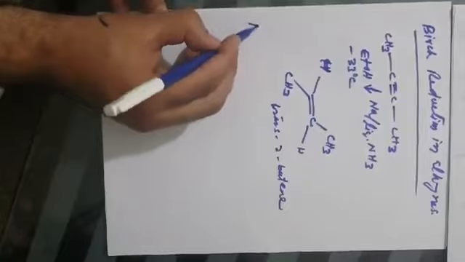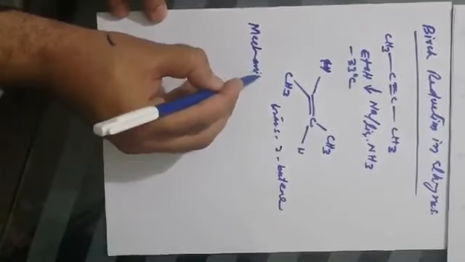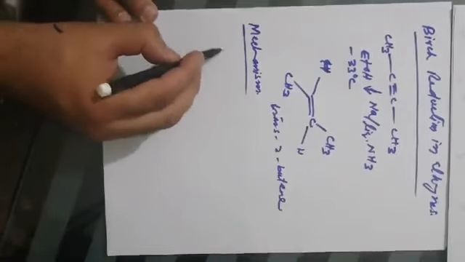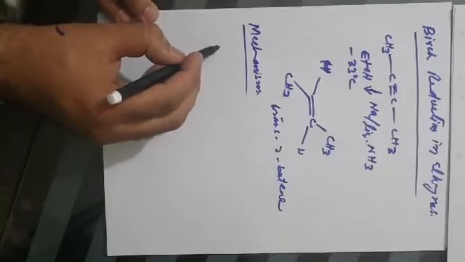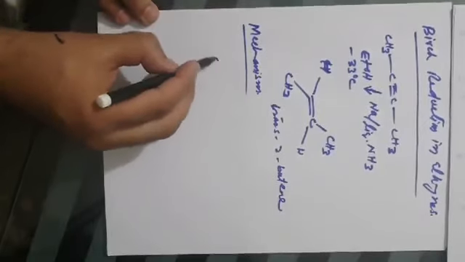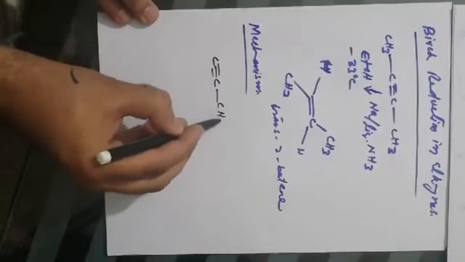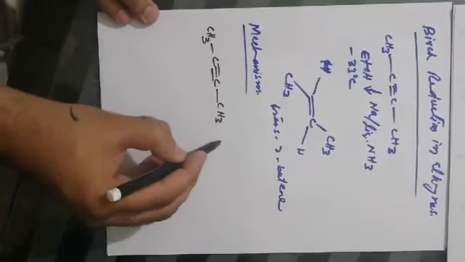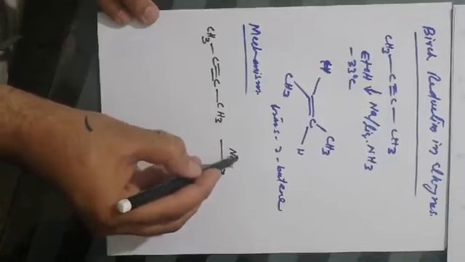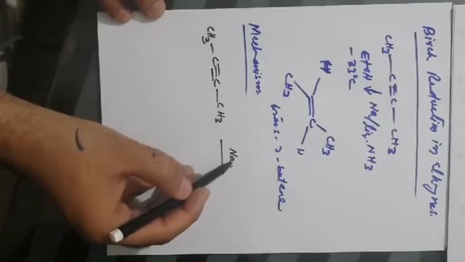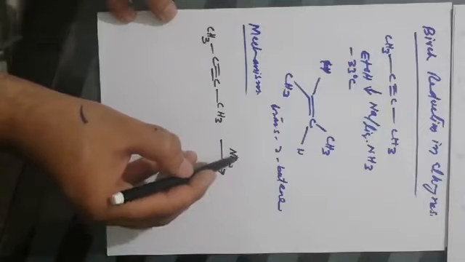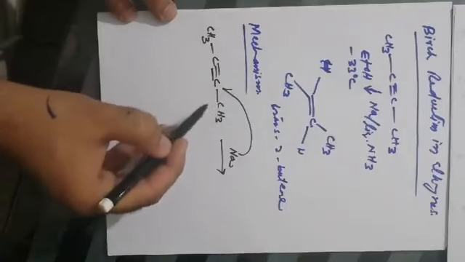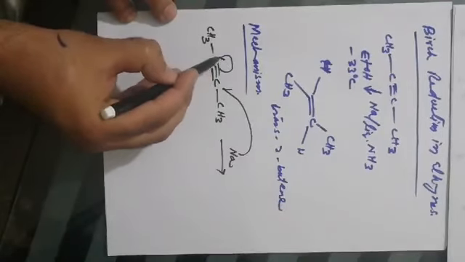Now what is the mechanism? This mechanism needs some concentration, so I am sure you will pay that attention that I want from you. The first step involves the SET, the single electron transfer, and a single electron attacks here and this bond moves here.